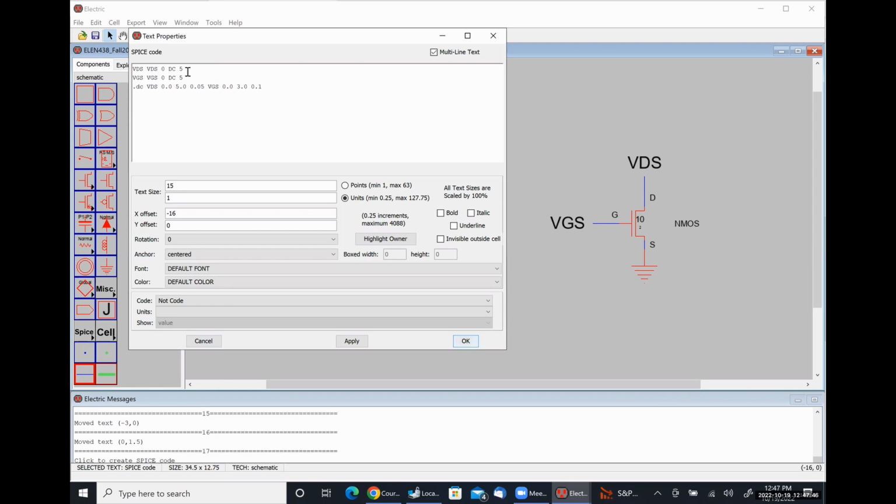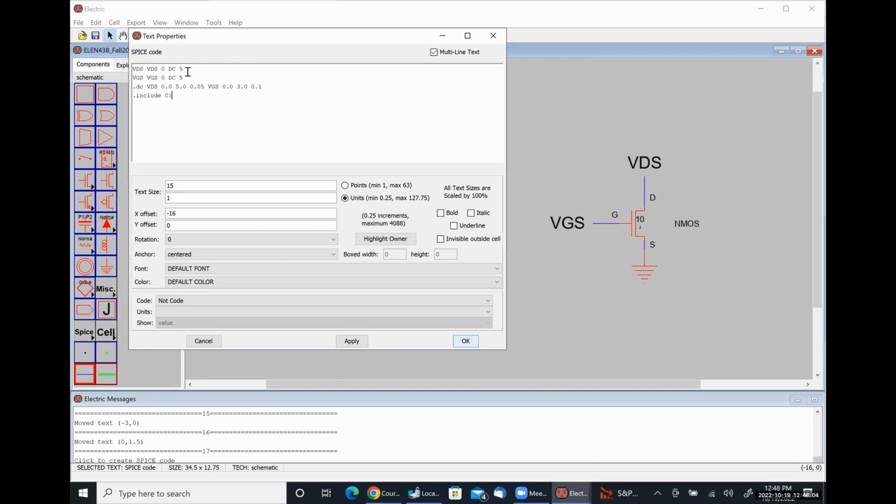Effectively, why I'm sweeping VGS is because I want to see when the model says this thing actually turns on versus just relying on the data sheet to tell me. The next thing that I'm going to do is .include.